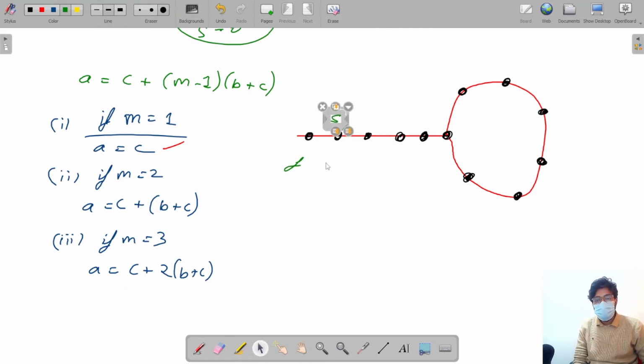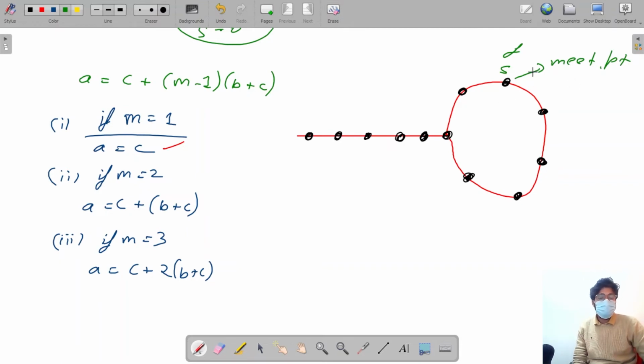Slow moves to 1, fast moves to 2, again slow moves to 1, fast moves on, again slow moves to 1. Now see, slow moves to 1, fast moves on. This is our meeting point. I can see that, right?